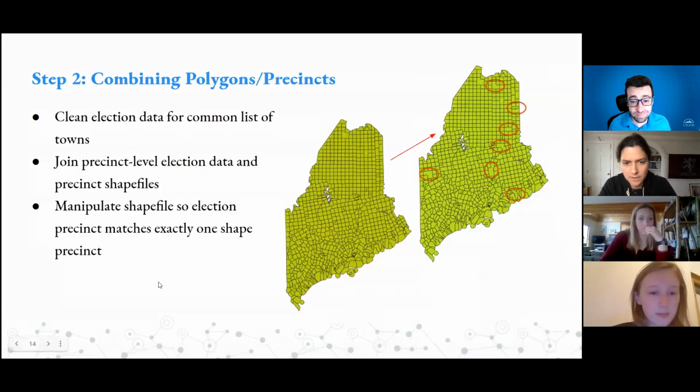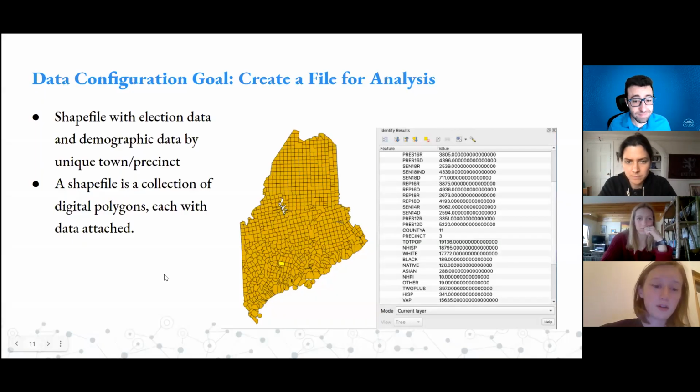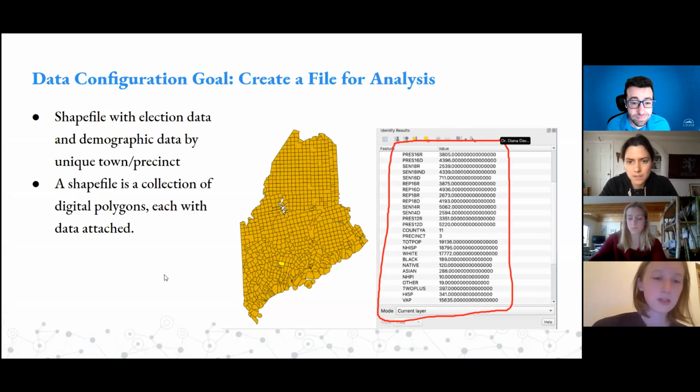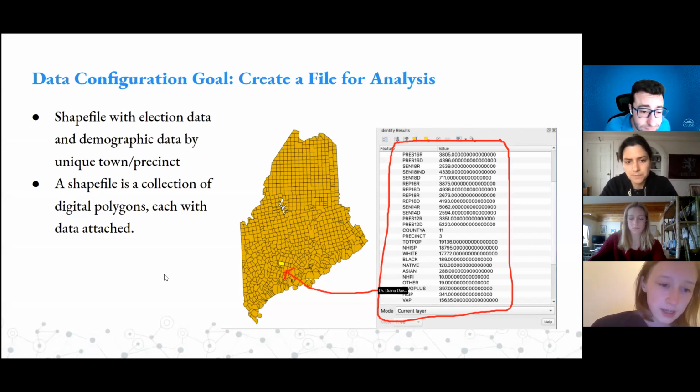Yeah, for instance, if you look at the picture, this is an image that is produced using the shapefile data. It's just a way of describing what the shapes are and where they are. And then you can see this highlighted precinct towards the bottom of Maine. For this precinct on the right, we have all the data that is attached to that precinct in the shapefile.